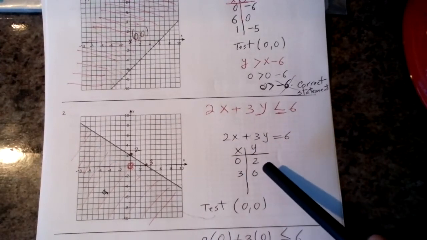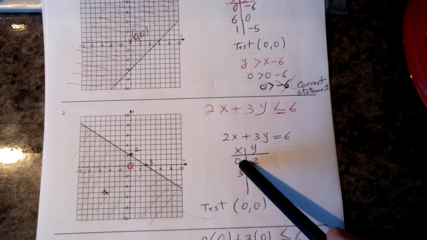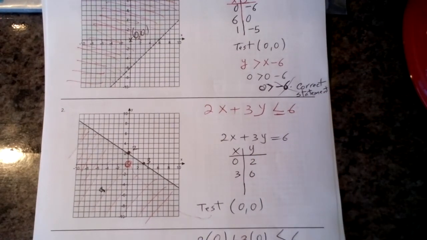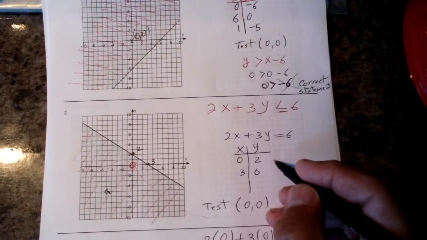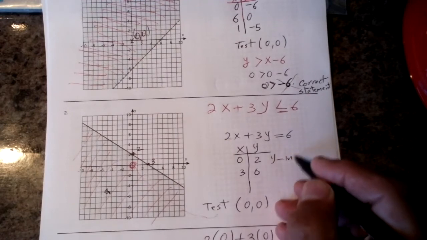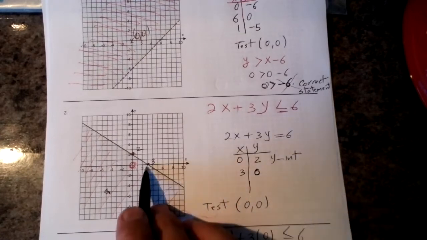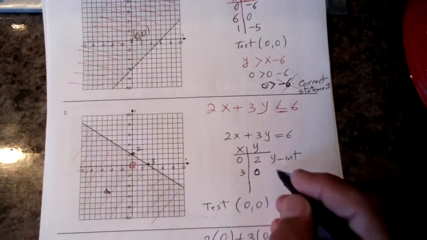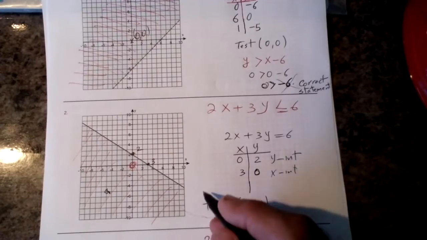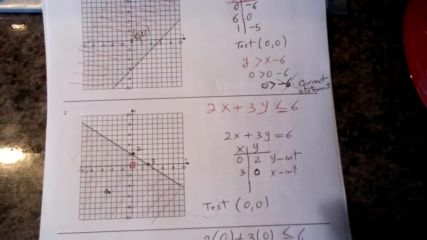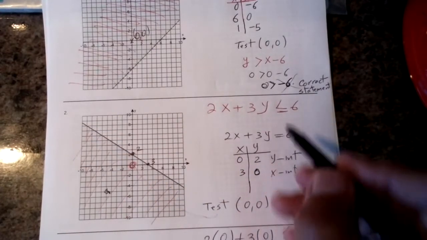The easy points are the x and y intercepts, like x is 0, y is 2, which is the y-intercept. And then y is 0, x is 3. This is the x-intercept. So you graph your line, and it is a solid line because you have the equality sign here.